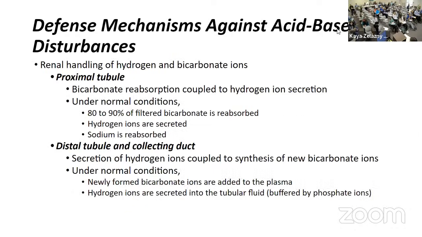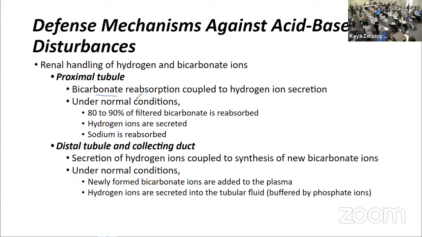Okay. So this happens, unsurprisingly, in specific places in the nephron. So in the proximal tubule, what we have happening is bicarbonate ion reabsorption. Bicarbonate moves from the fluid back into your blood, into the peritubular capillaries, then circulating all around. Hydrogen ions get secreted.